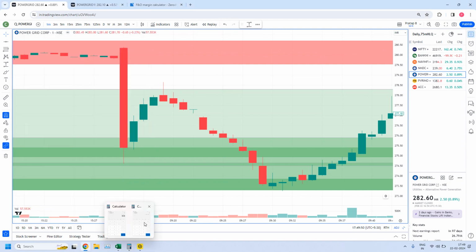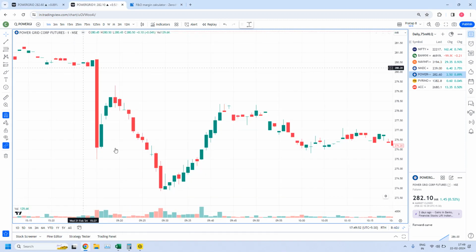This is an equity. What about in futures? Futures also morning 9 o'clock candle, probably the close of this candle is your proximal.